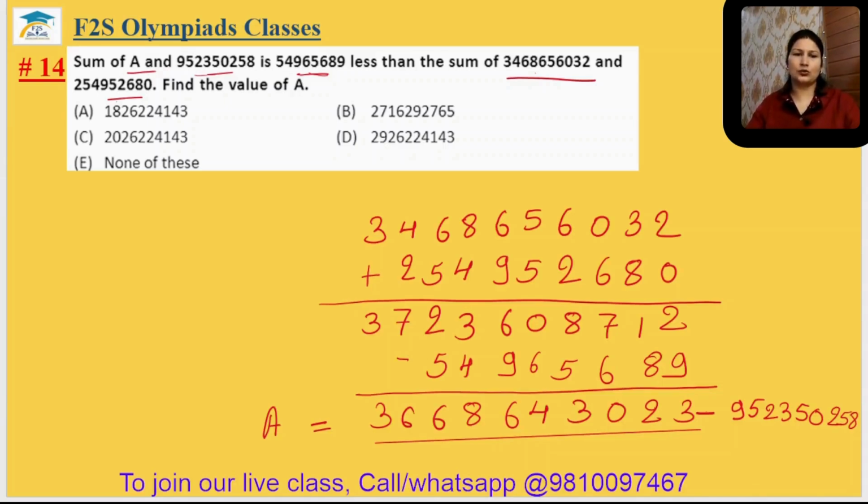If you subtract these two numbers, 366, 864, 3023 minus 95, 2350, 258. So A will be 27162, 92765. This is in your option B. The 14th answer is option B.